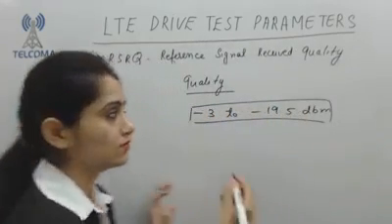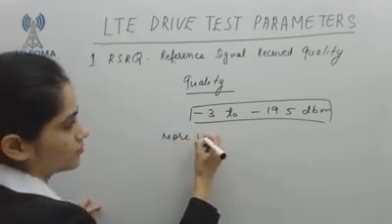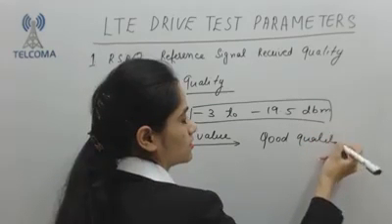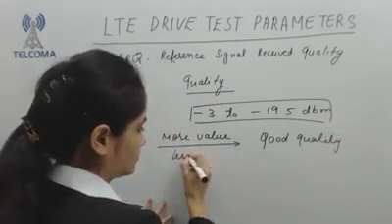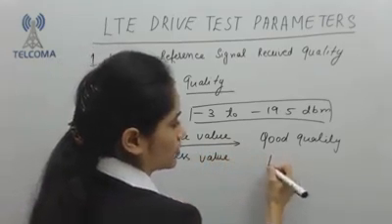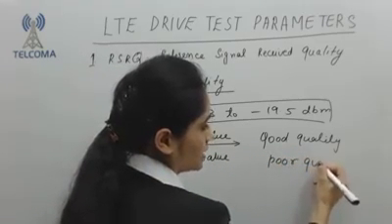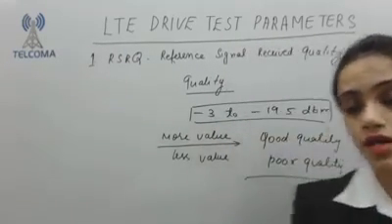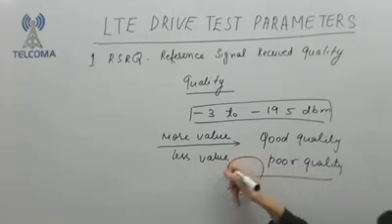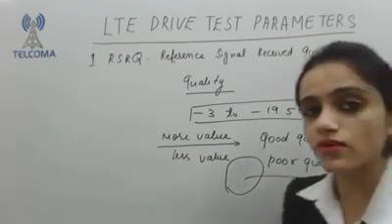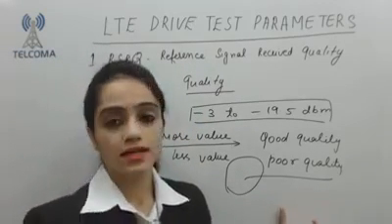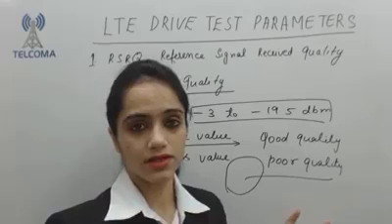If I have more value, that means good quality, and less value means poor quality. In any of the areas where I am getting poor quality or less value of RSRQ, we require to encircle it and take a screenshot, and then the optimizer will optimize that particular area and find out why we are getting this much value there.